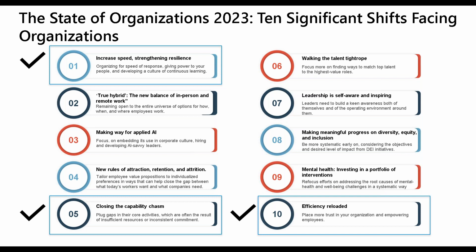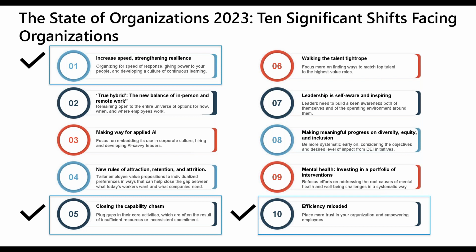And the third one, number 10, is really efficiency. It's called Efficiency Reloaded, which is interesting because it has a lot to do with how we become agile and agile principles. We're empowering our teams in order to deliver more, and in this case, it's really about using the virtual organization that we talked about in our prior webinars, and not being so driven by the formal organizational structure, so that we can drive that efficiency.